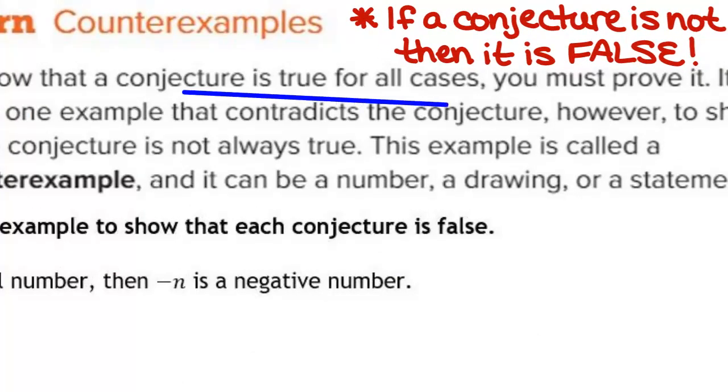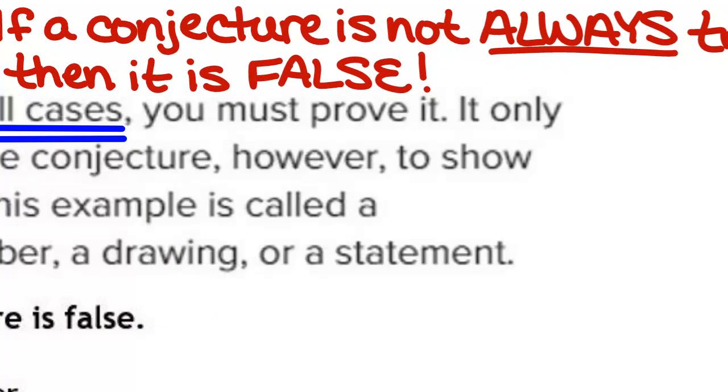If a conjecture is true for all cases, it is always true, then we have to do something called proving it, which we are going to learn how to do later this week.